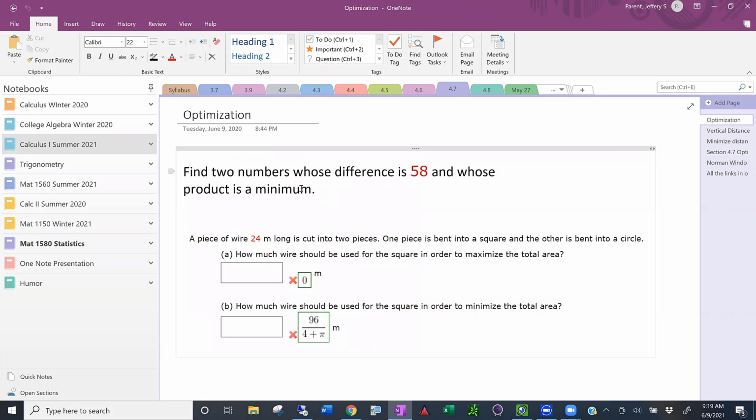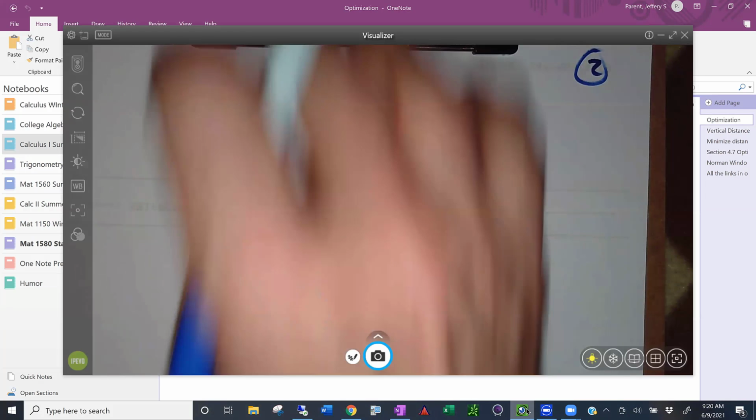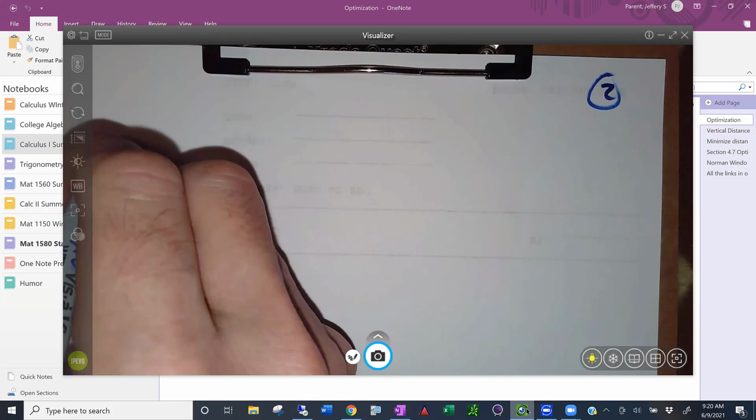Yeah, here we go. Find two numbers whose difference is 58 and whose product is a minimum. Wow, okay. So nothing really involving a picture here. So we'll skip that picture part and work on the function part.